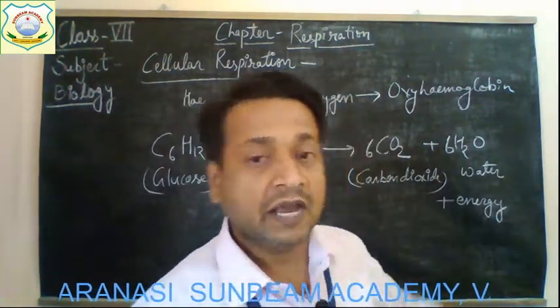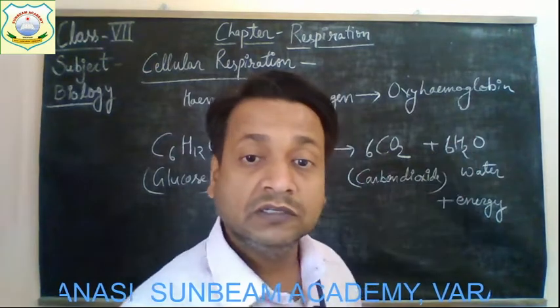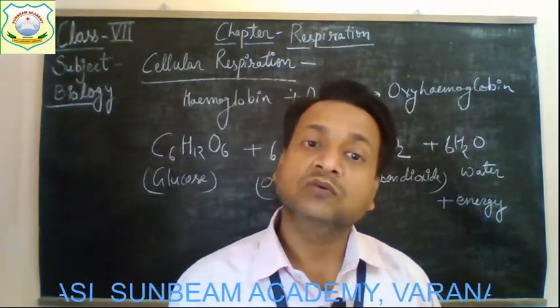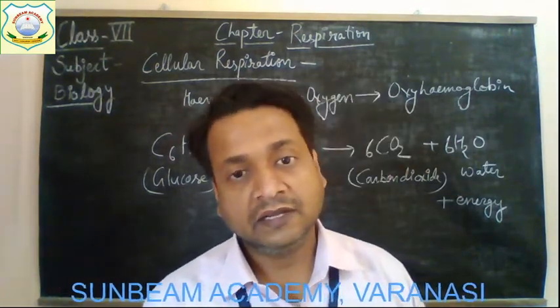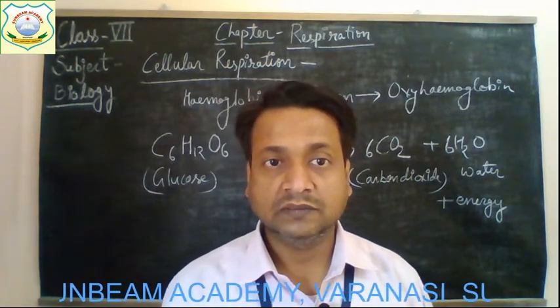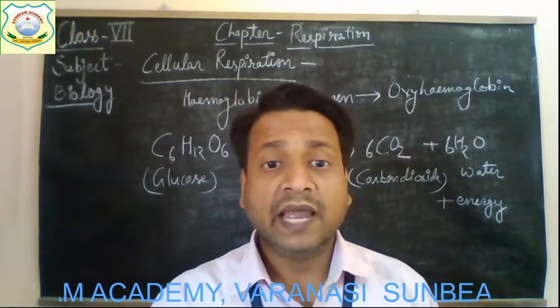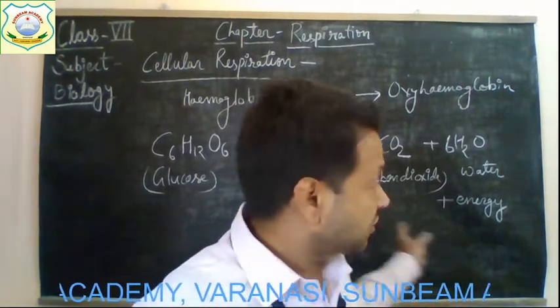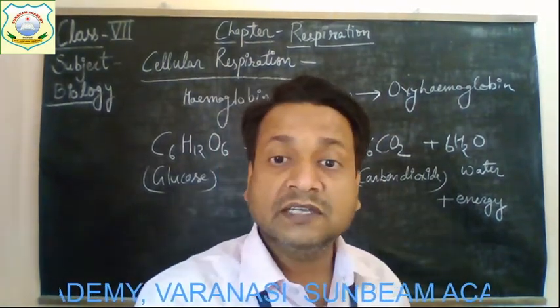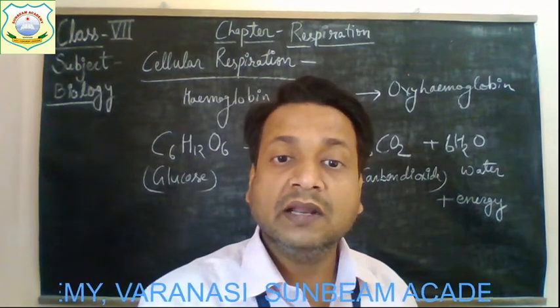Again this carbon dioxide moves with the blood, goes to the lungs, and gets exhaled from the body. Now, children, as I told you, this reaction is the same as burning or combustion.